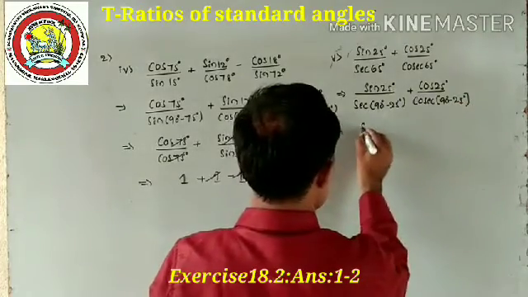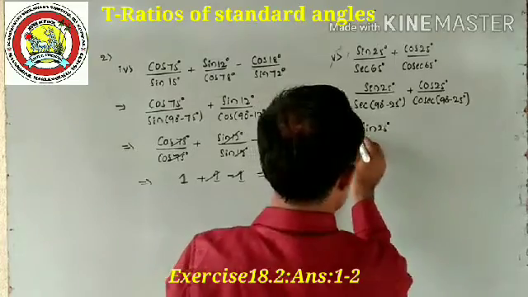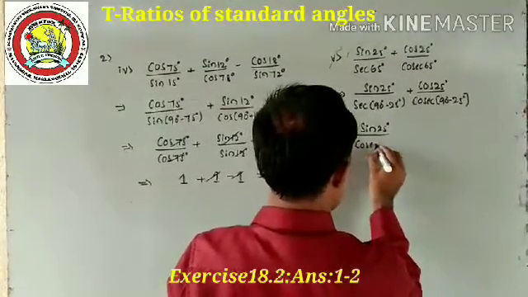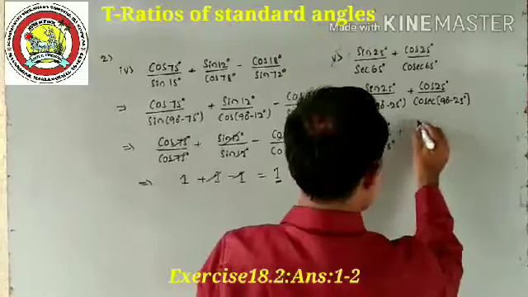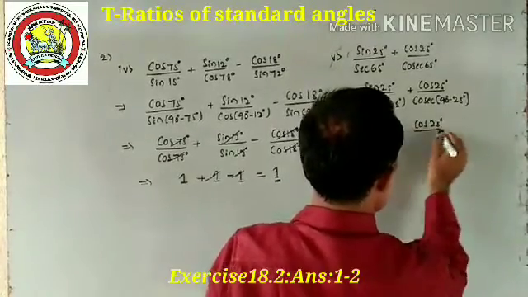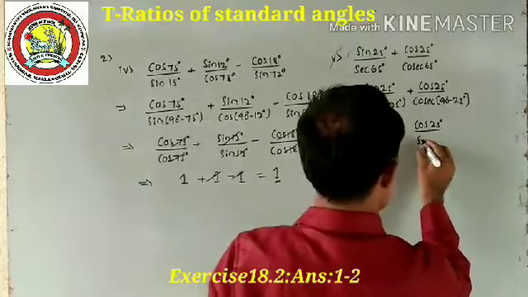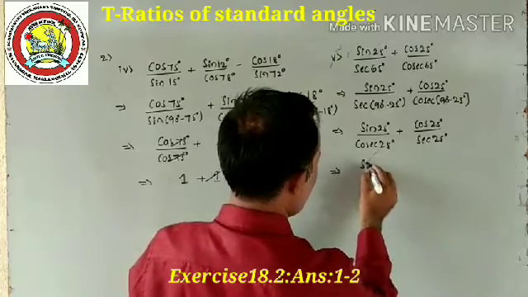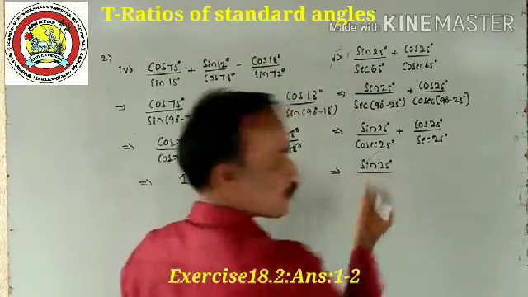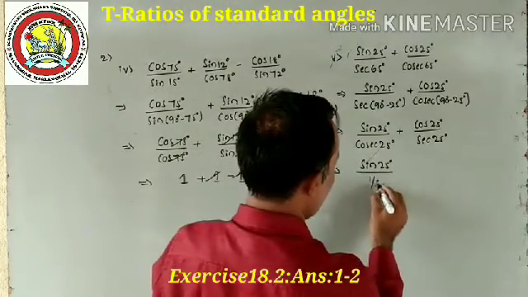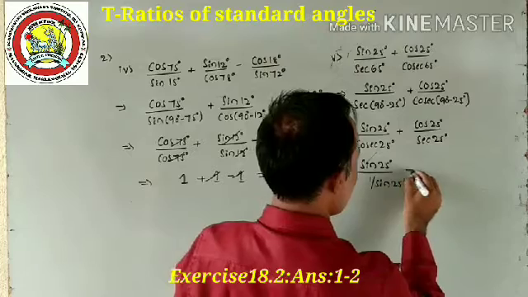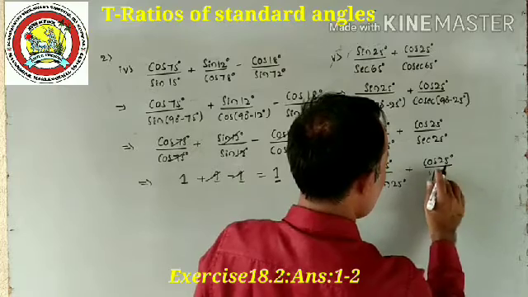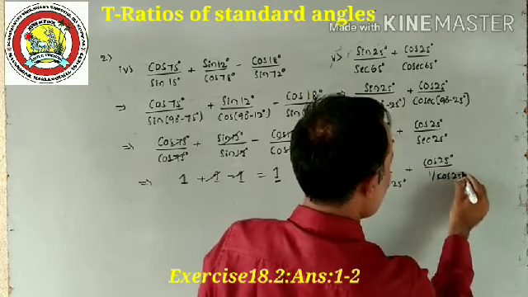So sine 25 degrees divided by cosecant 25 degrees, plus cos 25 degrees divided by secant 25 degrees. So sine 25 as it is, cosecant 25 can be written as 1 divided by sine 25 degrees, plus cos 25 degrees as it is, secant can be written as 1 divided by cos 25 degrees.